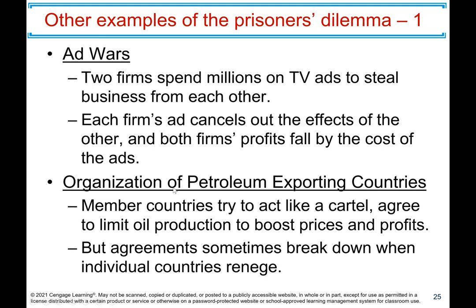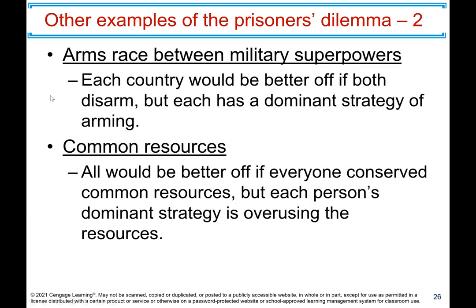Organization of Petroleum Exporting Countries, OPEC. Member countries try to act like a cartel, agree to limit oil production to boost prices and profits, but agreements sometimes break down when individual countries renege. Arms race between military superpowers.